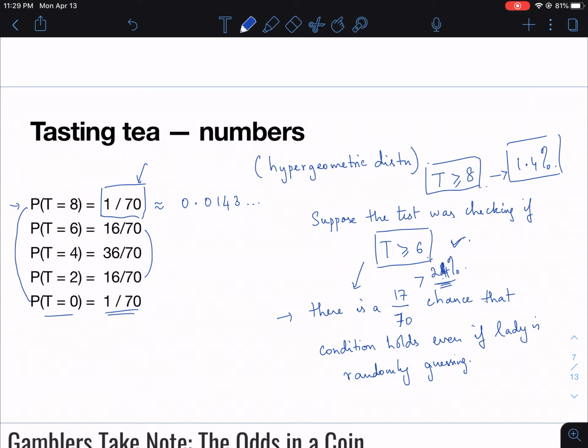Okay, so this is an example where we realize that t being bigger than or equal to 8 is a much more conservative test than t bigger than or equal to 6, right?